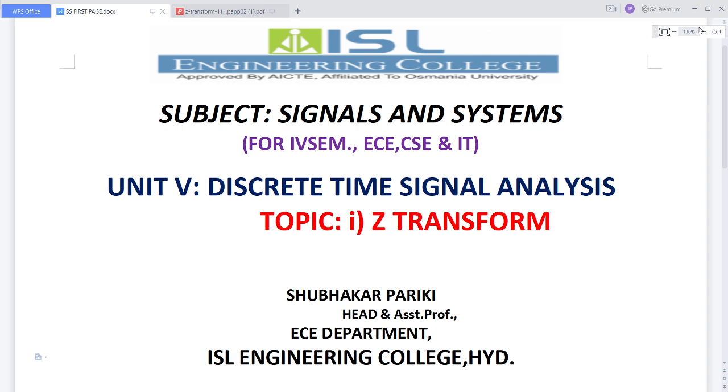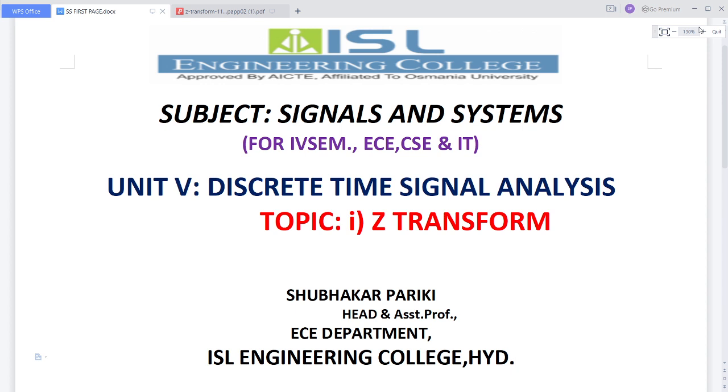Here also, the Z transform is the discrete time counterpart of the Laplace transform. It is an indirect method of the Laplace transform. The Z transform is a powerful mathematical tool which is used to convert the difference equation into an algebraic equation in the Z domain.